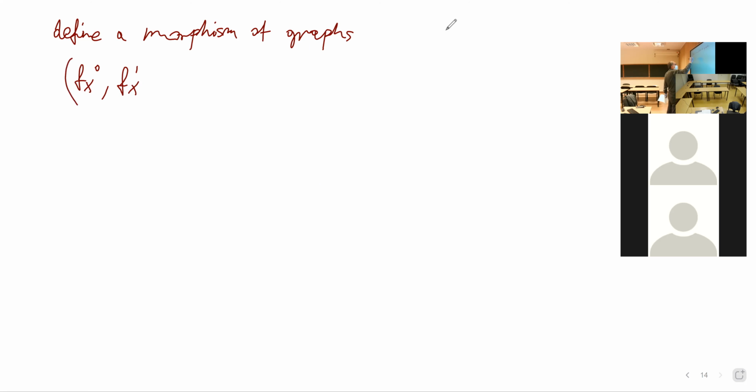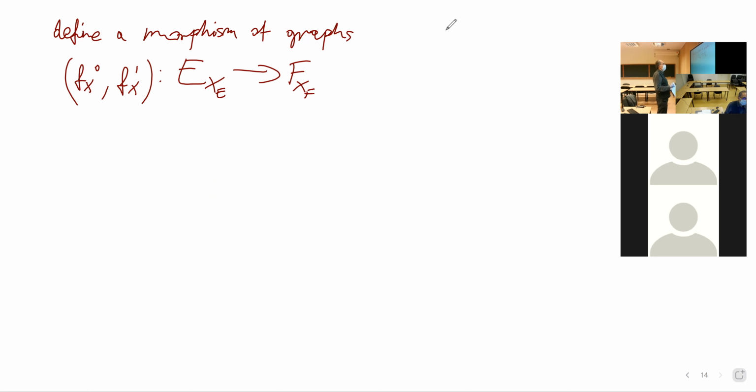First you have to check that they're well-defined set-theoretical maps, and then that this is a morphism of graphs going from X E to X F. And then you have to check the compatibility with the source and target maps in these modified graphs.